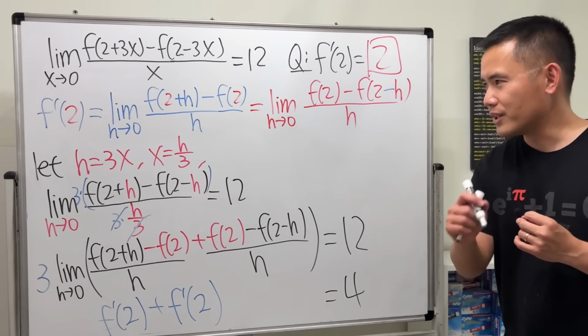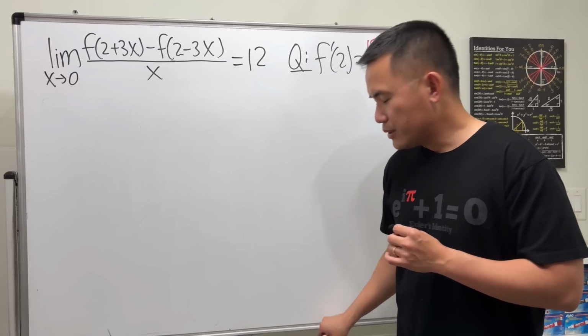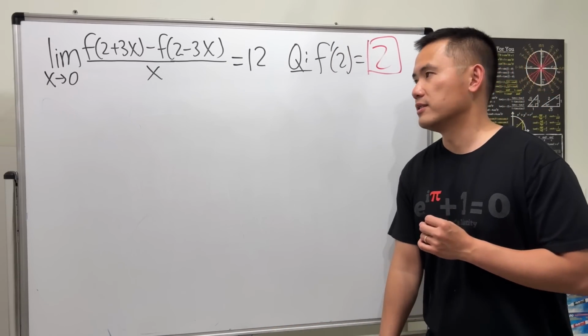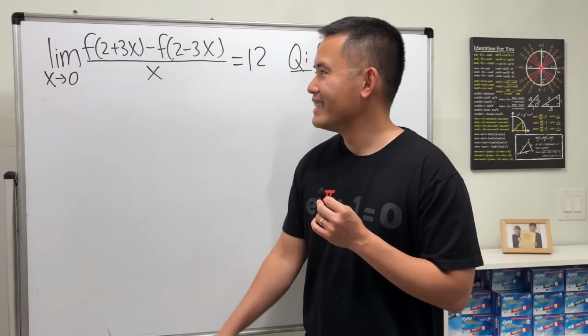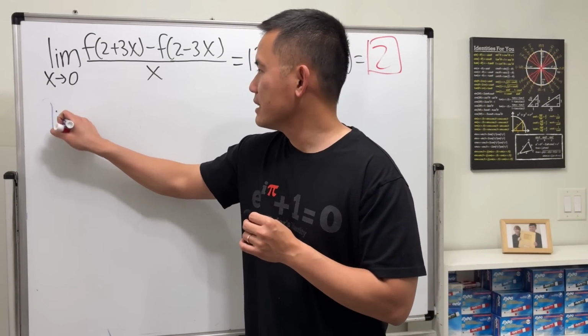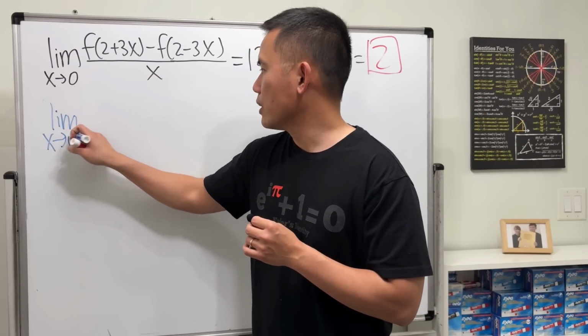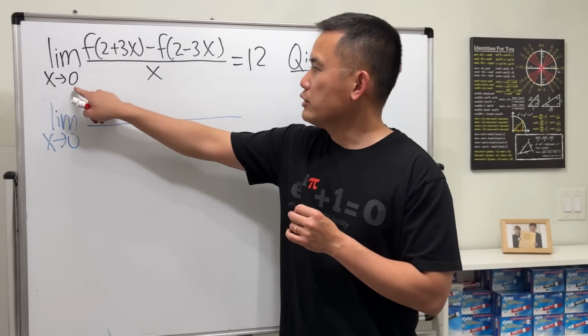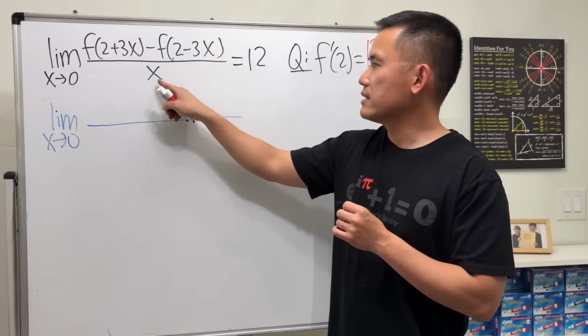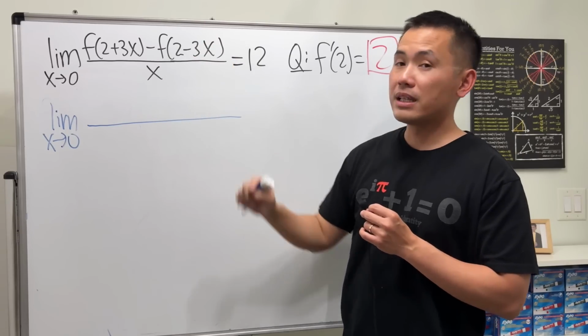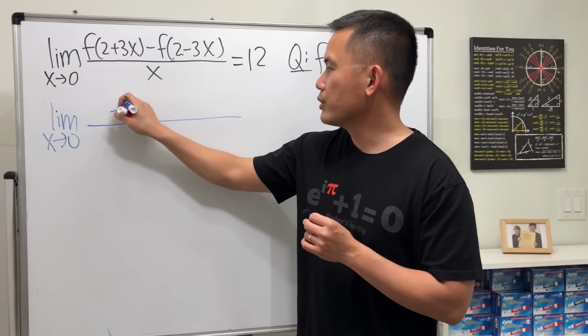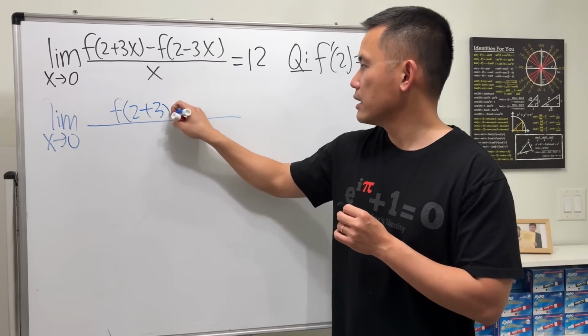You want to see L'Hopital's rule? Sure, let's go ahead and do it. I don't really think that you should be using L'Hopital's rule for this though, but I'll show it to you guys anyway. Here, let's write down the limit as x approaching 0. I should have mentioned if you plug in 0 into all the x's, on the top is 0, on the bottom is 0. So I'm just going to rewrite this again.